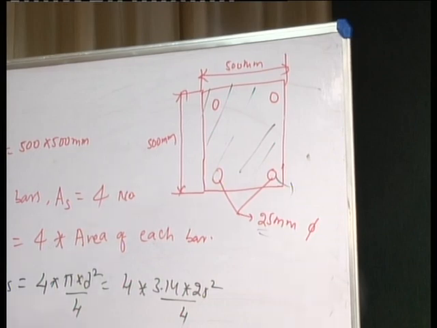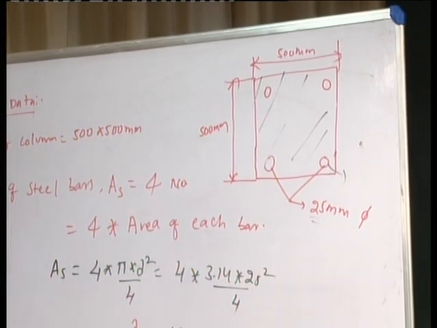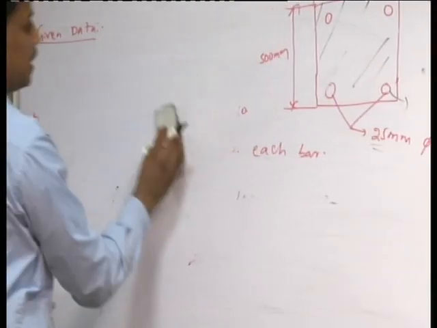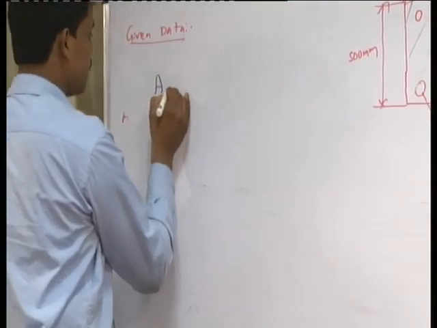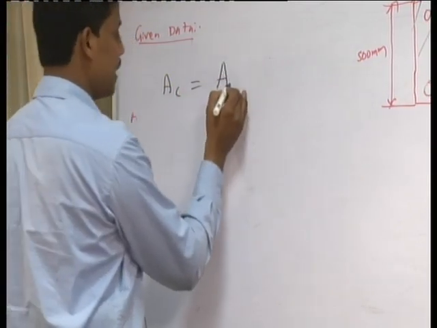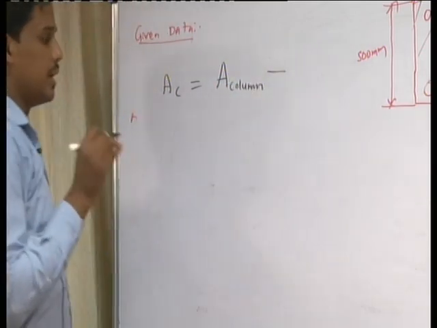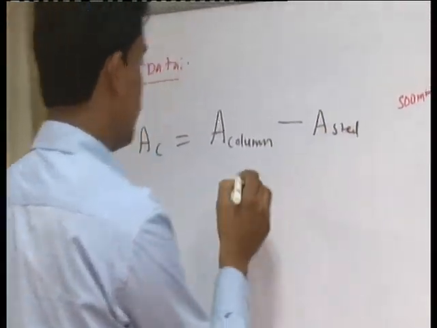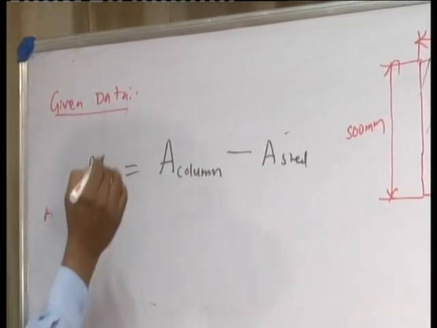If you deduct the area of steel from the area of the column, we will get the area of concrete.